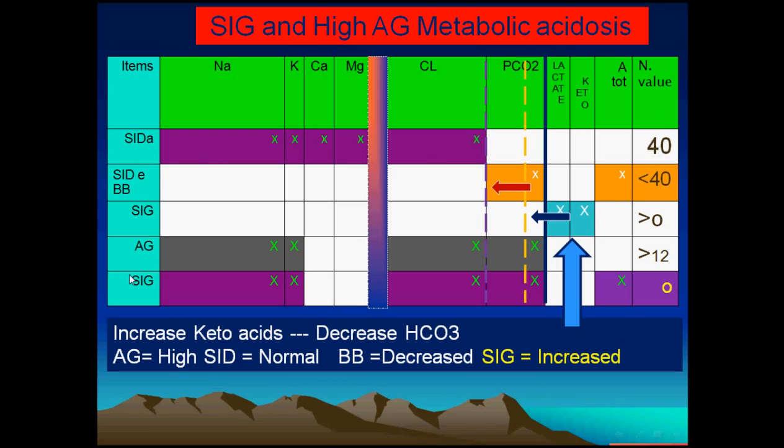When you look at the anion gap, there is an increase in the anion gap because there is a decrease in the bicarbonate, because the bicarbonate has been consumed by this acid, the fixed or non-fixed acid. When you look at the base excess I mentioned before, there will be a deficit due to decrease in the bicarbonate, and the strong ion gap increases.